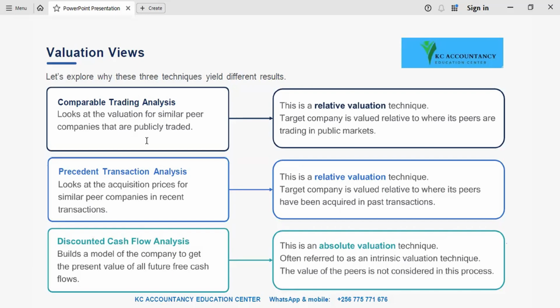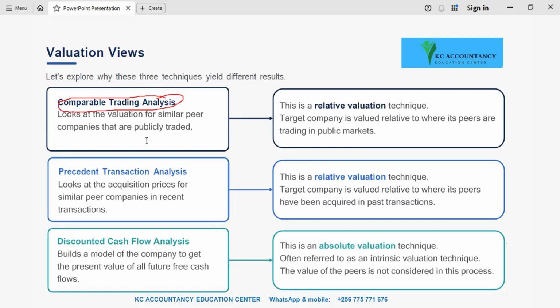We want to look at each of these items from the valuation perspective, in the views of the person who does the valuation. So comparable trading analysis, the first one: what it is and why it could actually give us a different result.